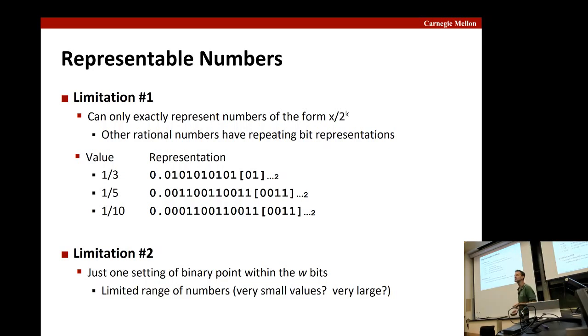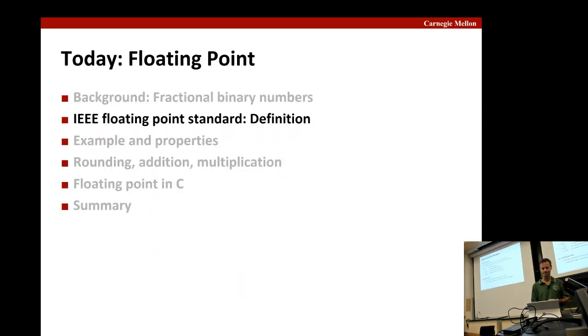The second limitation is that there's only one binary point amongst the bits, and wherever you decide to put that binary point limits the range of numbers. So maybe you can get really large numbers or very small numbers, and we'll see how that plays out.